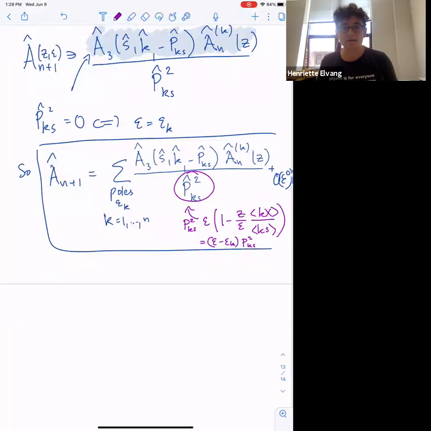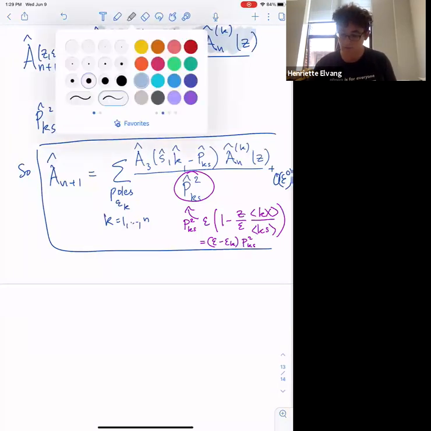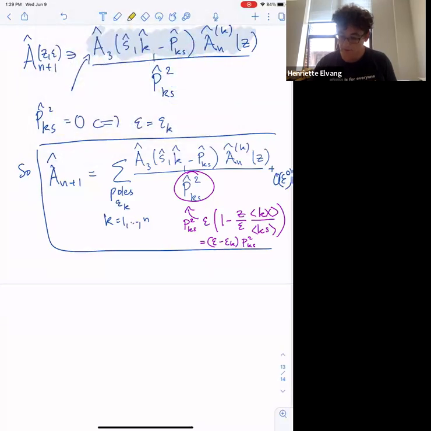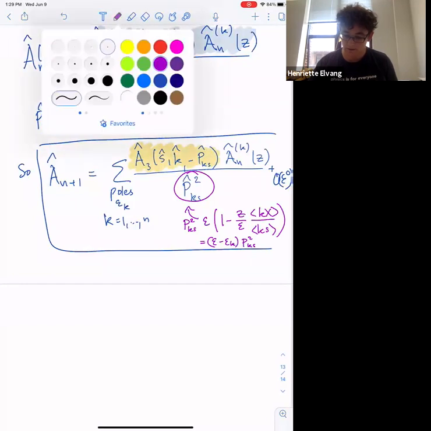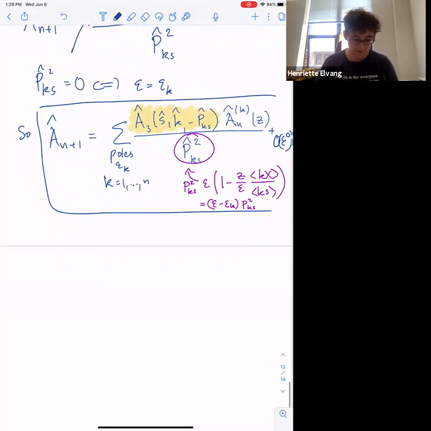The only other part I really need to worry about is what sits inside the free particle amplitude. And free particle amplitudes, as we know, is something that we have very good control over. So what can this part possibly be? A hat free has free momenta S and K, and the momentum PKS.